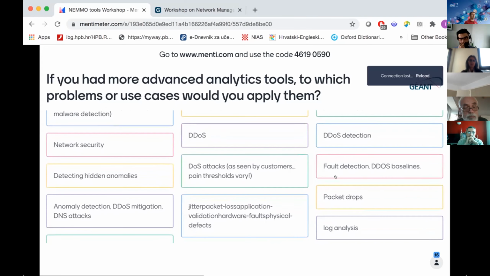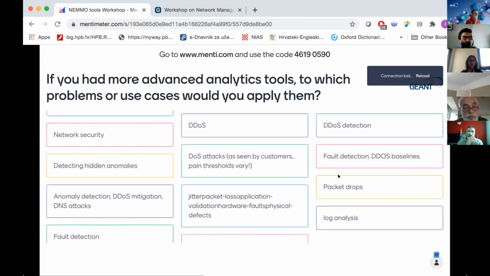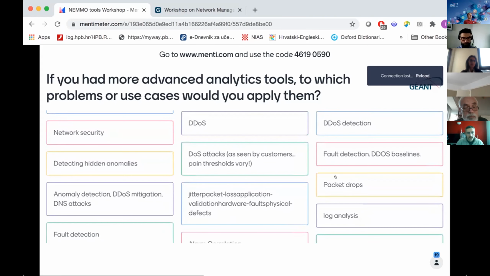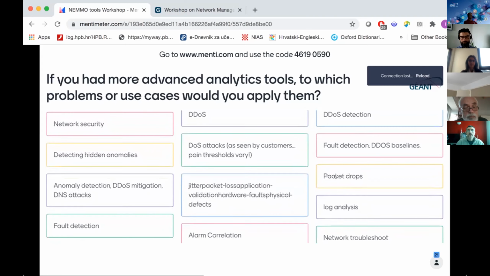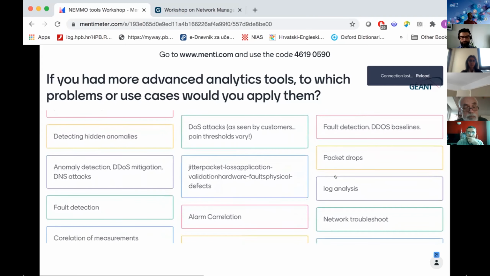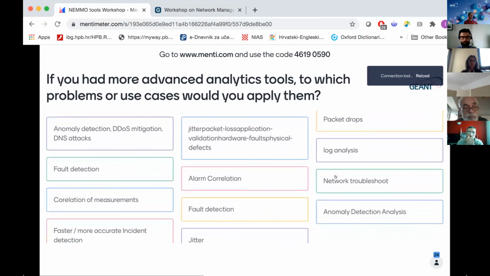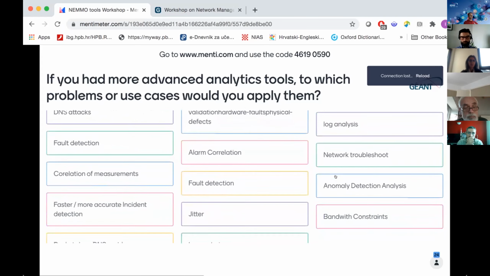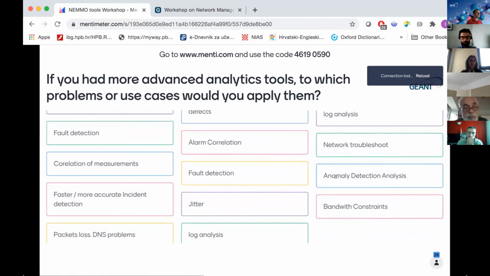For example, with the DDoS solution they had, and I believe still have, firewall on demand as one solution that can also have a lot of data there. Log analysis, alarm correlation, this is an excellent point and maybe something to consider from the presentation that Morten presented today.